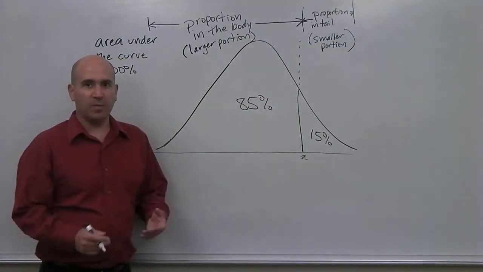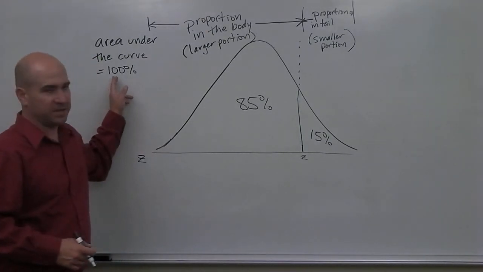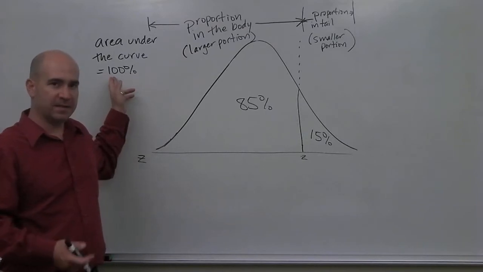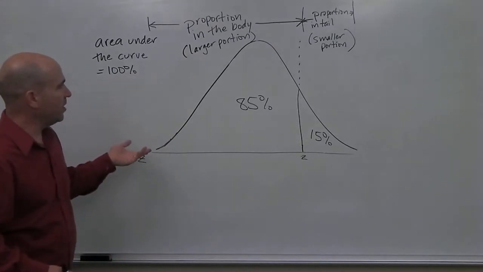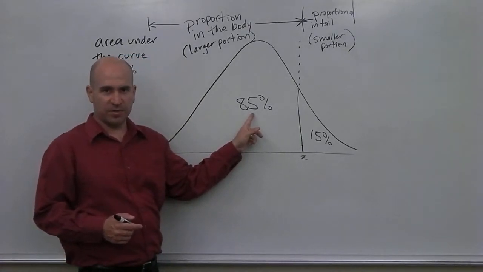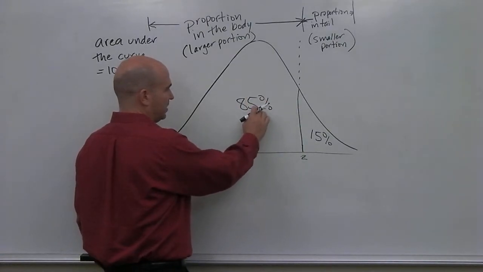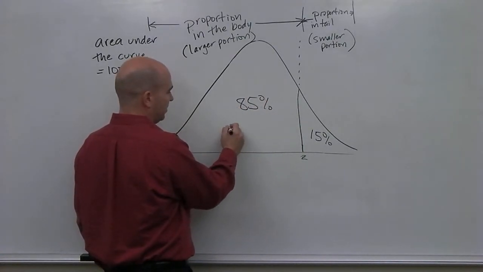Now, when we talk about proportions, we're really moving from percentages to decimal form. If we talk about a proportion, I would convert this percentage of 85% to a decimal. I get rid of the percent sign, and I move the decimal 2 places to the left.